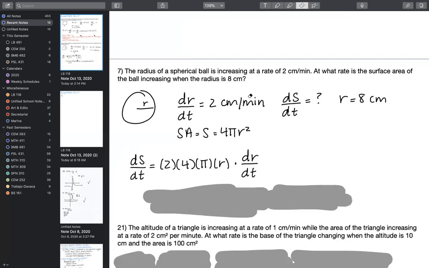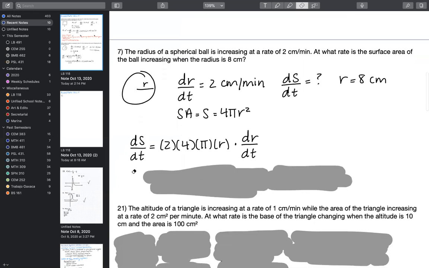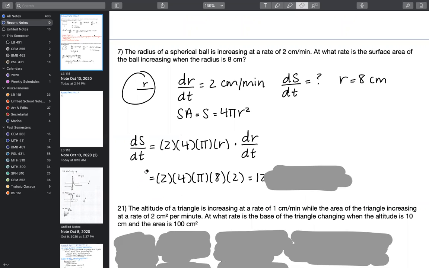So we have to include that rate of change in the greater rate of change, which is dS/dt. At this point, we've got all the values we need to plug in. We've got r, which is 8 centimeters, and dr/dt, which is 2 centimeters per minute. And so when we plug in, we get 128 pi centimeters squared per minute.